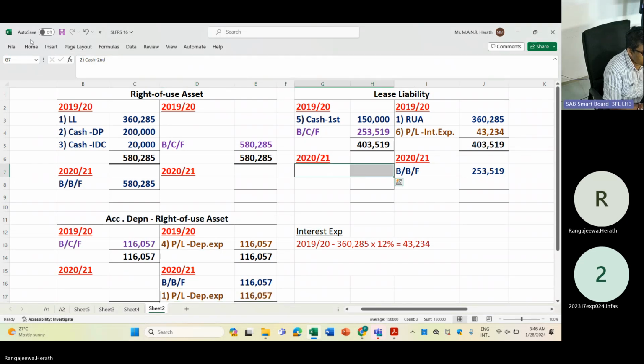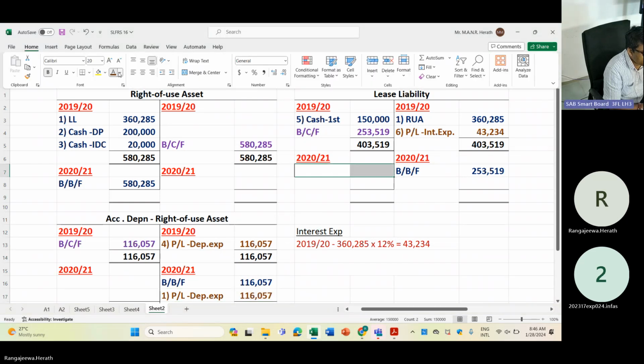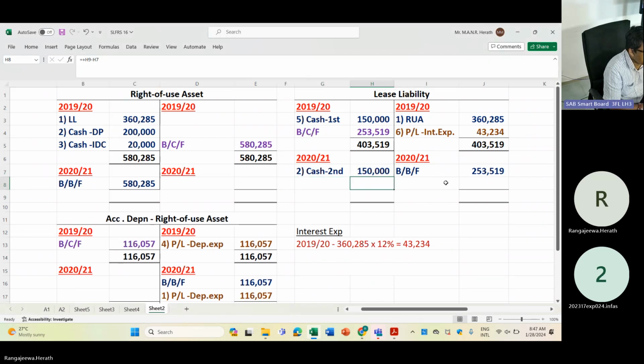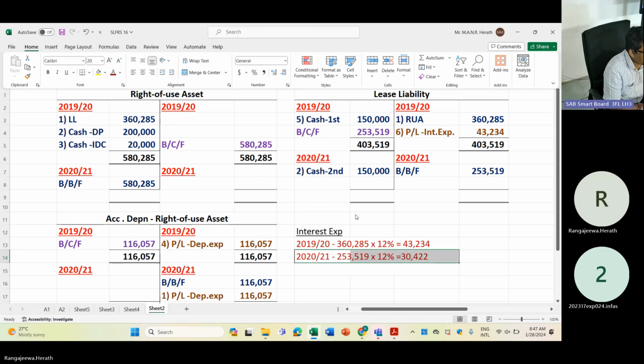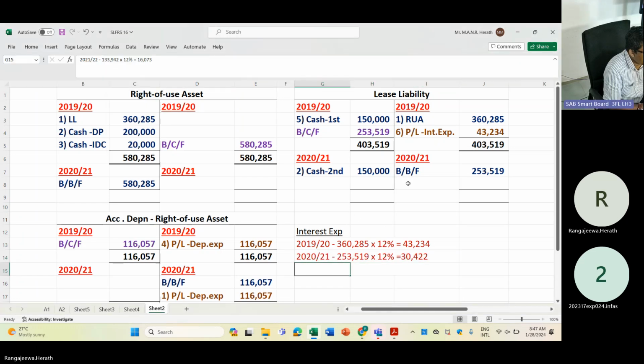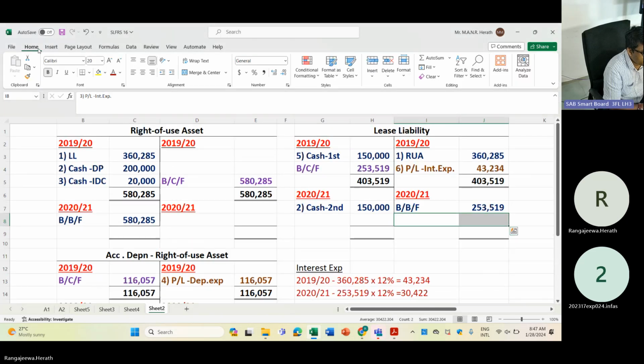Then we are making the second installment: credit cash, debit lease liability. Interest for the second year is 253,519 into 12%, which is 30,412.